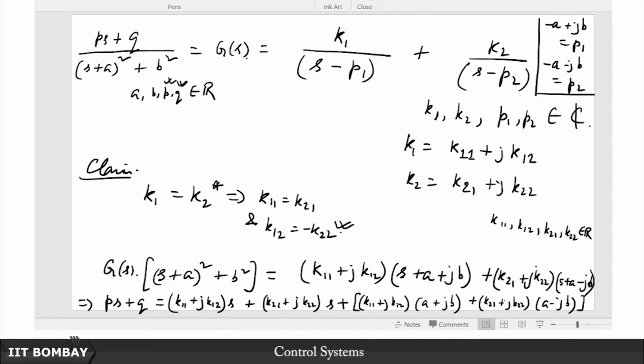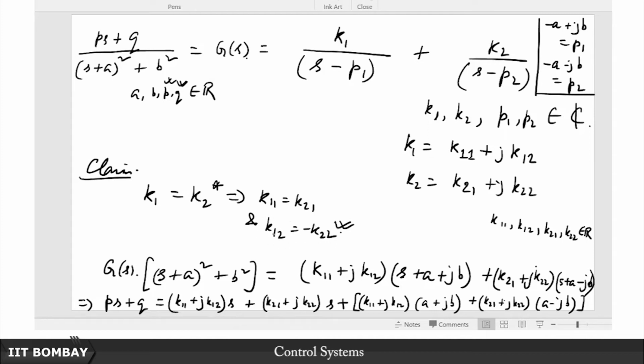So what is the imaginary part? You see K12 multiplying with A, and K11 multiplying with B, plus K21 multiplying with A minus K22 multiplying with B. That seems like too many terms, no? But we already know this from the first part, so we are going to apply this.